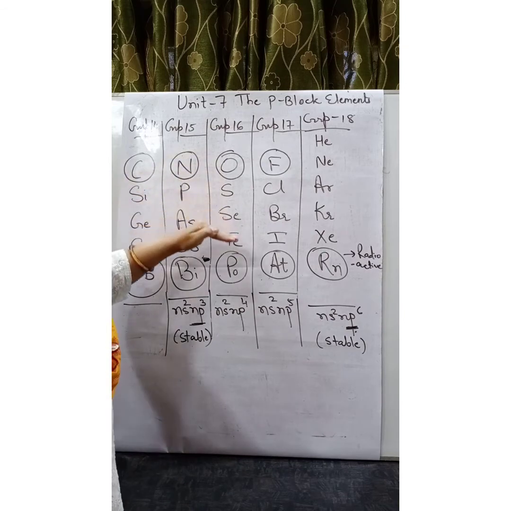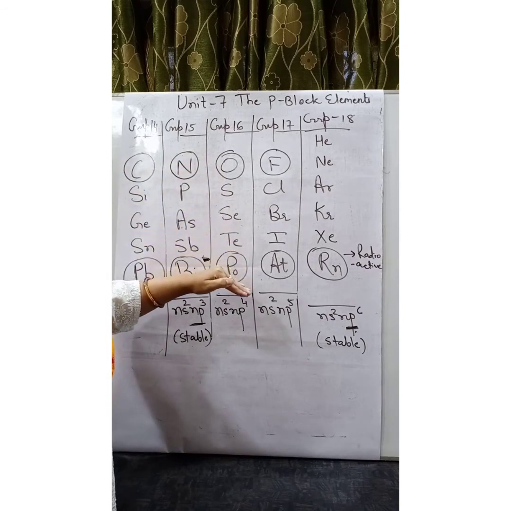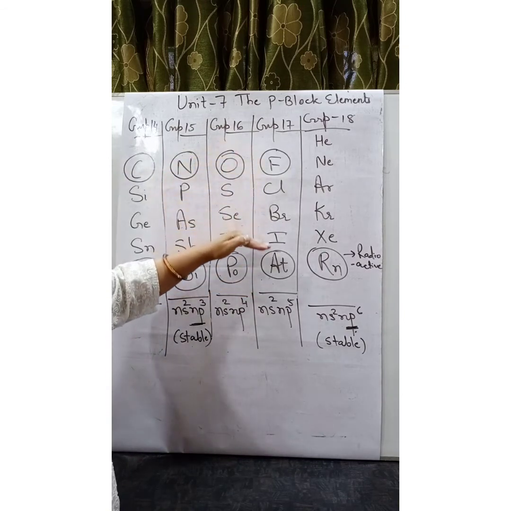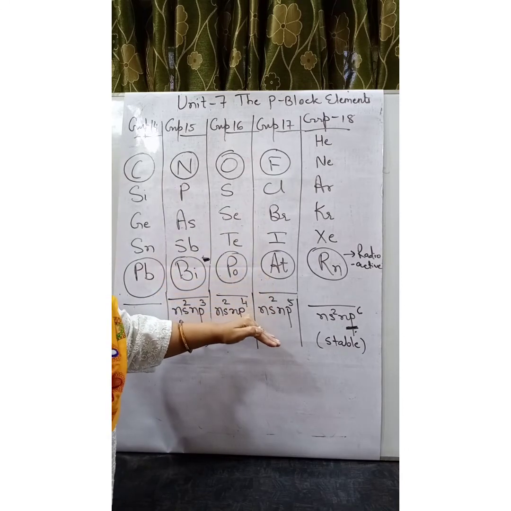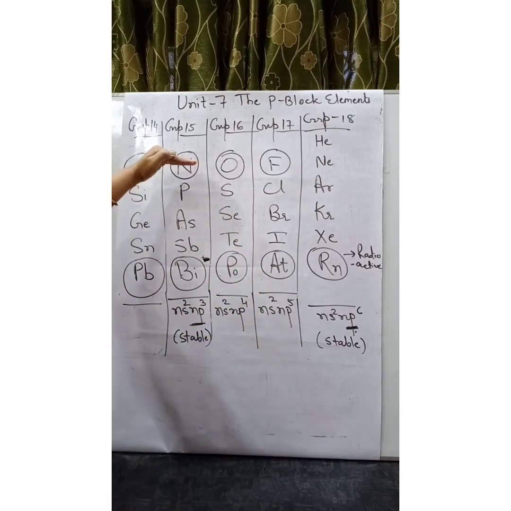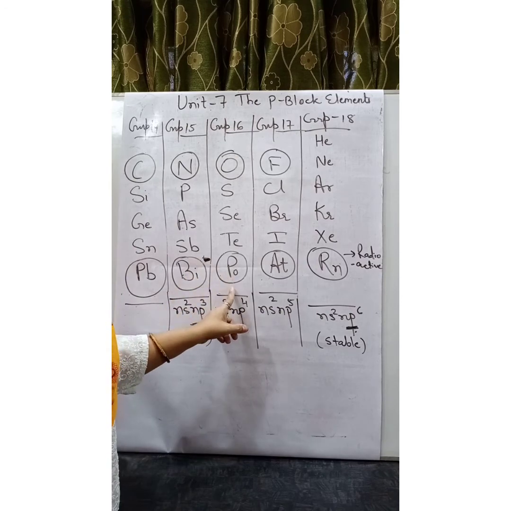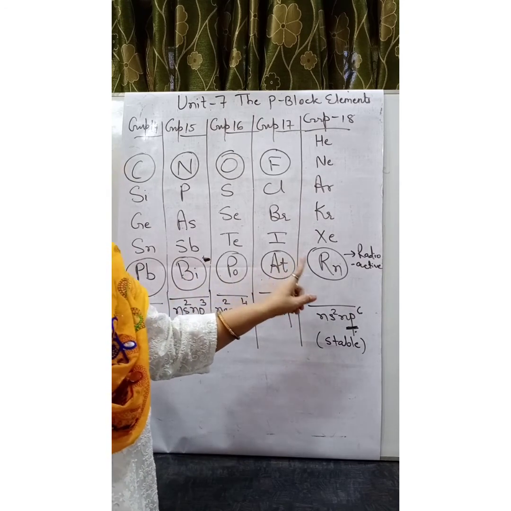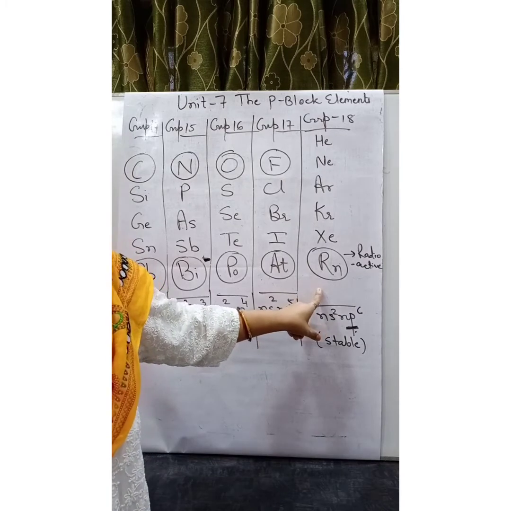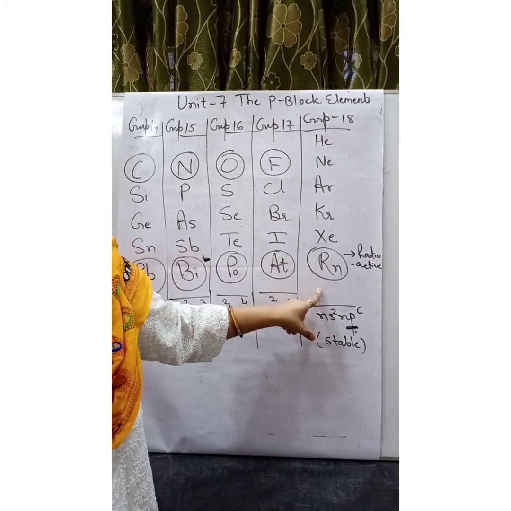So slowly, gradually, we have a general trend that as we move from top to bottom, atomic size increases. But gradually, when you are moving down here, you find that in case of bismuth, polonium, astatine, and radon, there is a sudden decrease in atomic size.